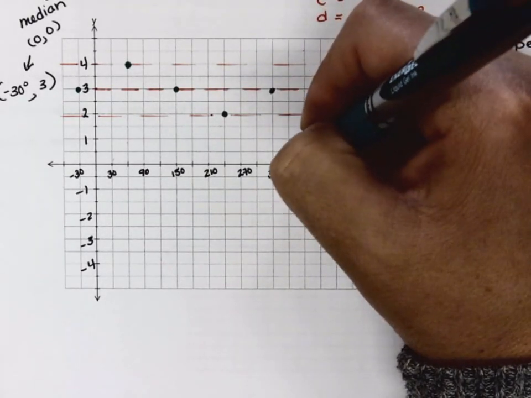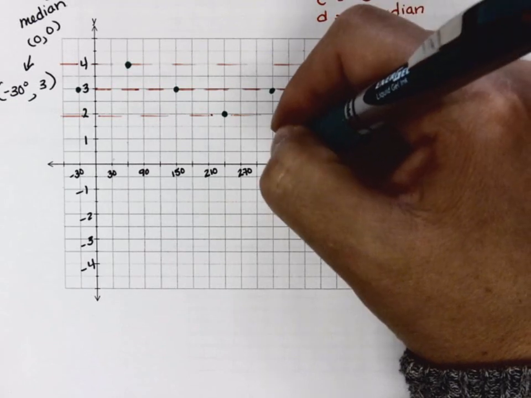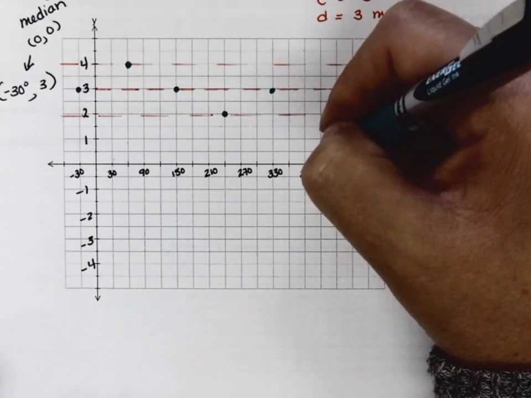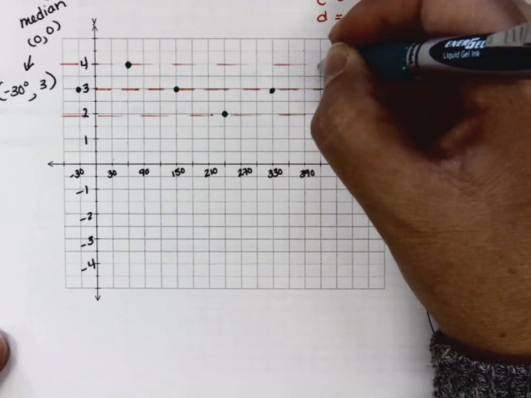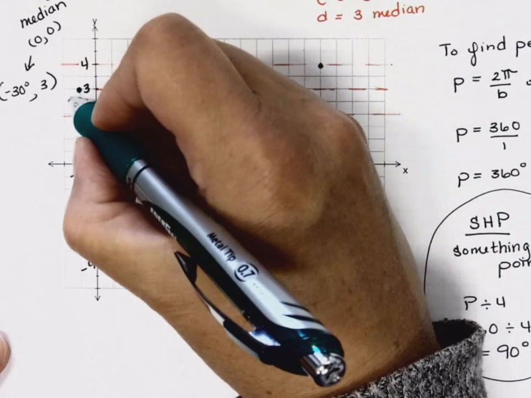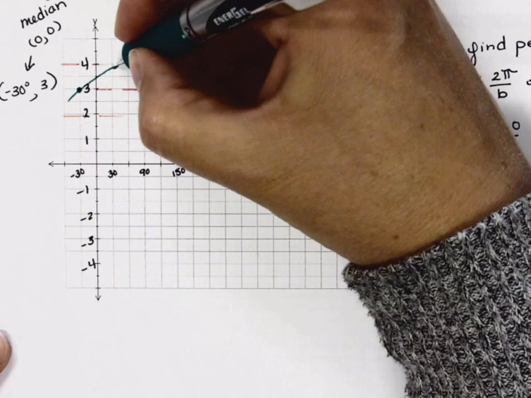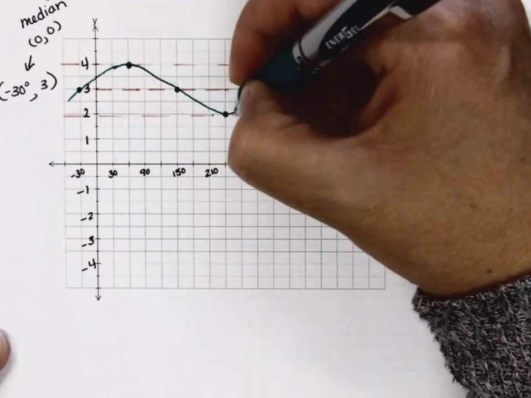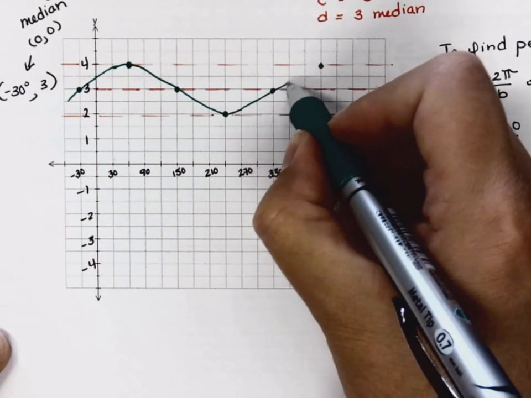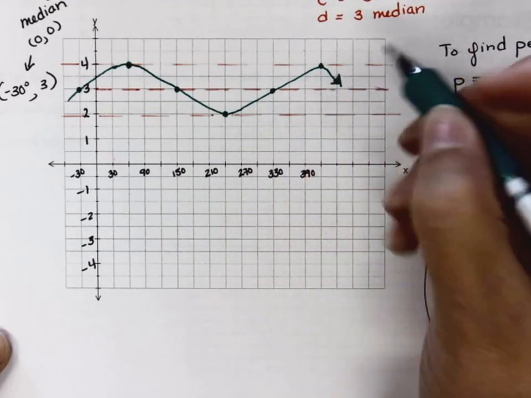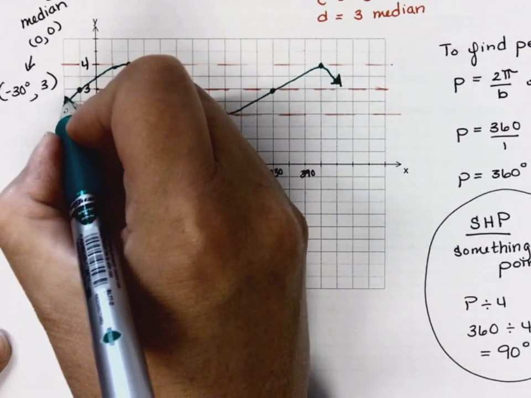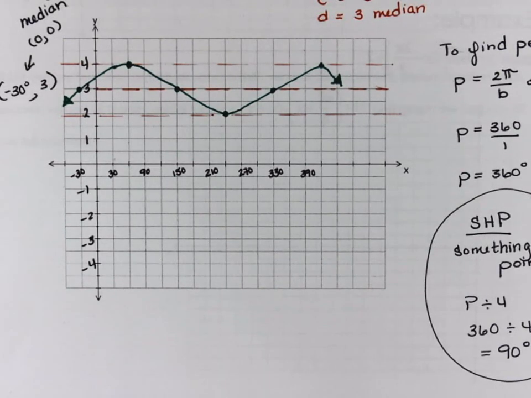If I go another 90, from 330 I'm at 420, which would be here, which I didn't label. So remember, arrows have to go in the correct direction when I'm doing my wave. This didn't give me a boundary or a restriction, so I'm going to put arrows on my graph saying that it's going to continue.